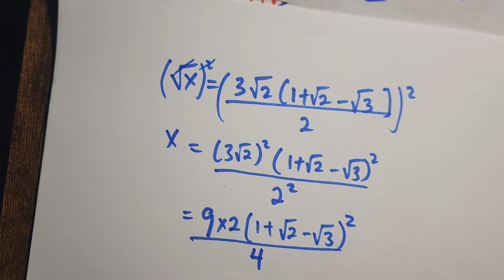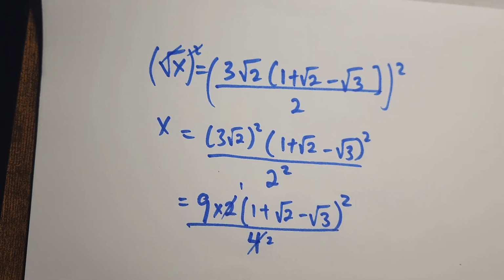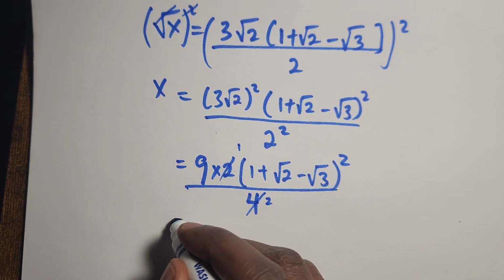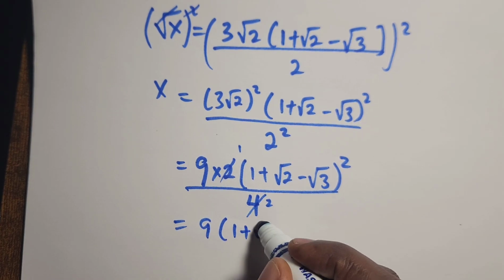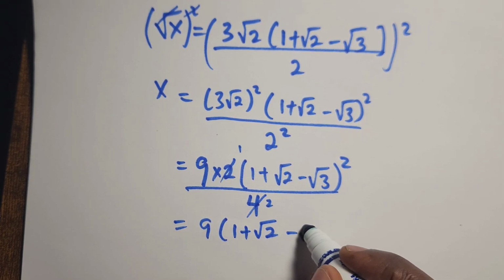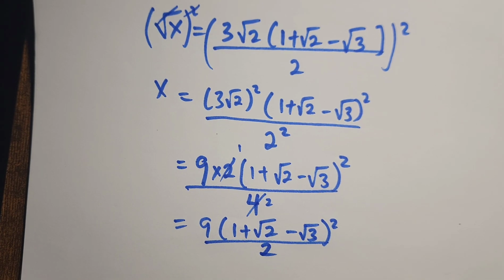And from here, 2 here, 1, 2 here, 2. I'm going to have 9, 1 plus square root of 2 minus the square root of 3 squared divided by 2.